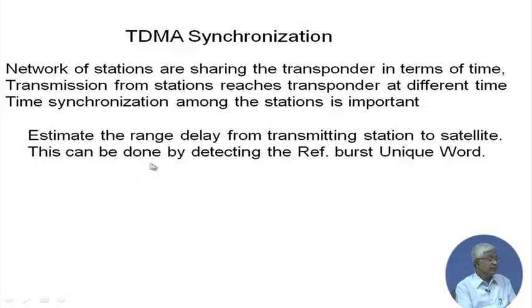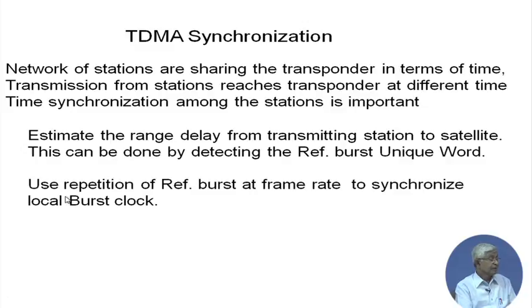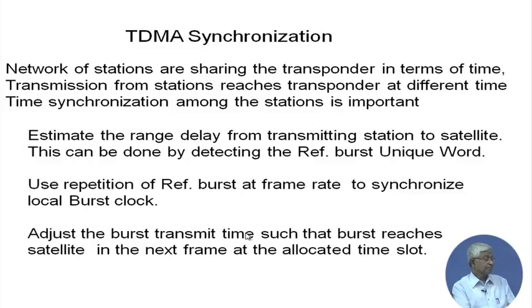This can be done by sending and receiving your own burst, or it can be done by detecting the reference burst. Now, the TDMA frame has to be synchronized in terms of the reference burst, which is at the frame rate, and from that you have to find out the burst clock, and at that rate the transmission has to take place.